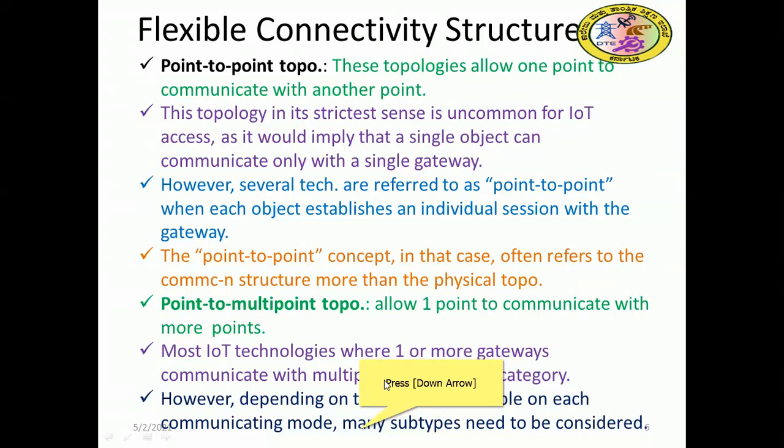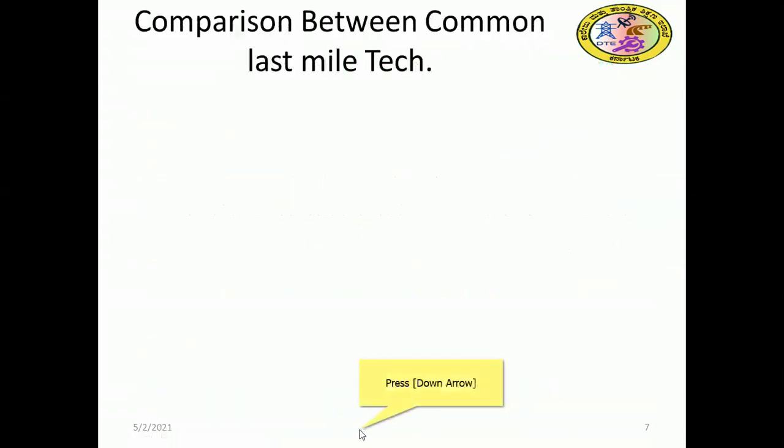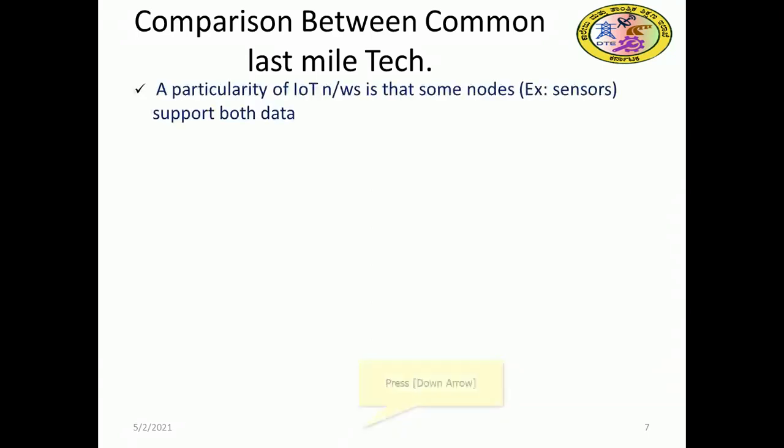So the flexible connectivity structure is going to have an impact while selecting the last mile technology. So the comparison between these last mile technologies is going to be helpful for IoT based applications.